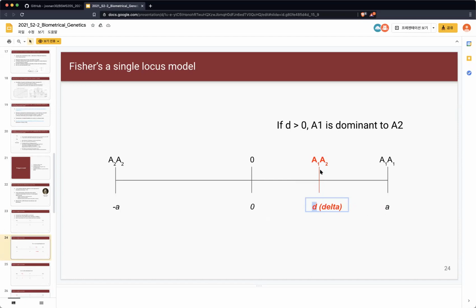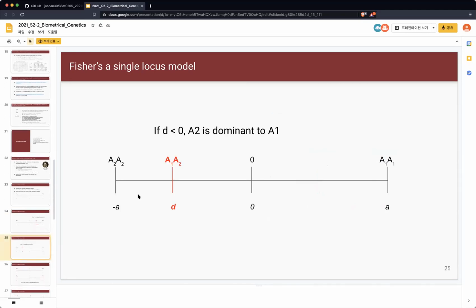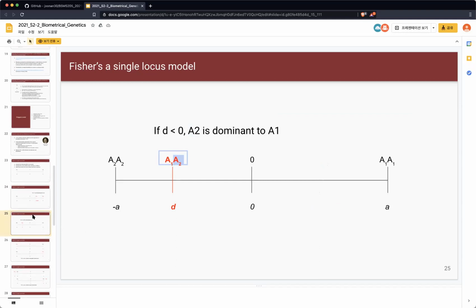Then in that case, we can say that A1 has more effect than A2, right? So if d, or delta, is greater than 0, then A1 is the dominant allele to A2, right? But in the opposite situation, where d, or delta, is smaller than 0, then A2 is dominant to A1. In this case, A2 is the dominant allele and A1 is the recessive allele, right?